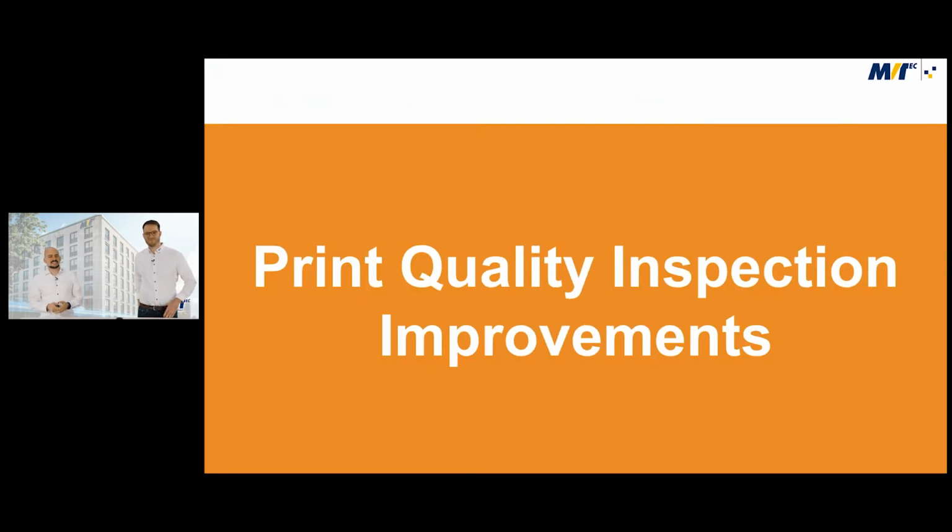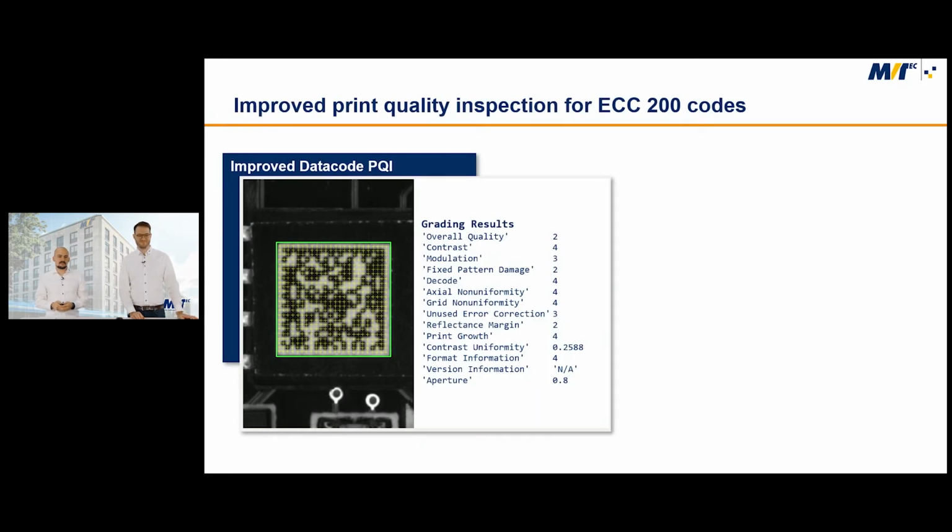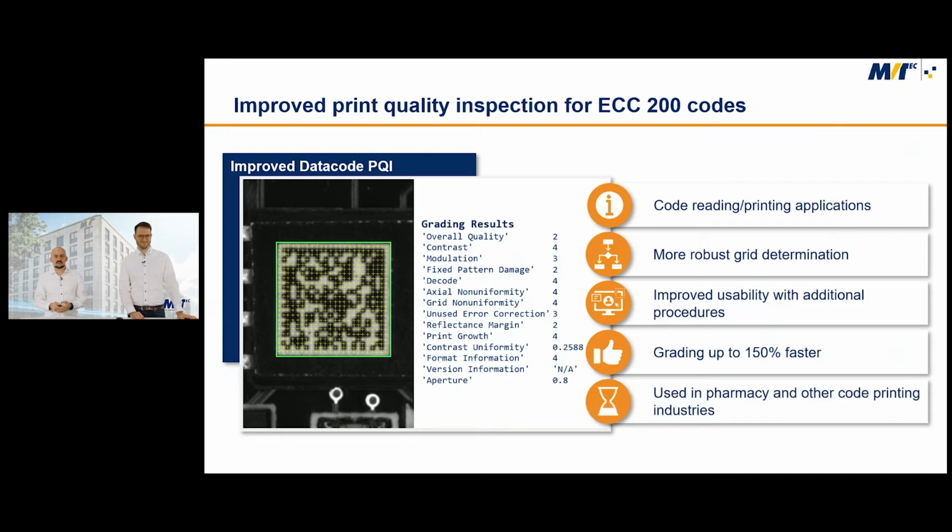The next topic is the print quality inspection. So just a short recap: what is print quality inspection, or PQI, for ECC200? Basically, print quality inspection is a standard to grade the quality of printed ECC200 codes, to make sure that if you print the code and you get a certain grade, it can be read by any other code reader out there.